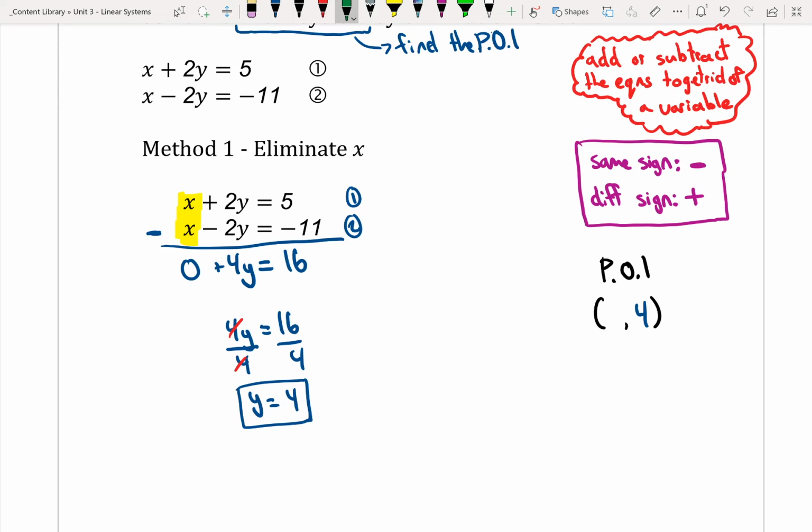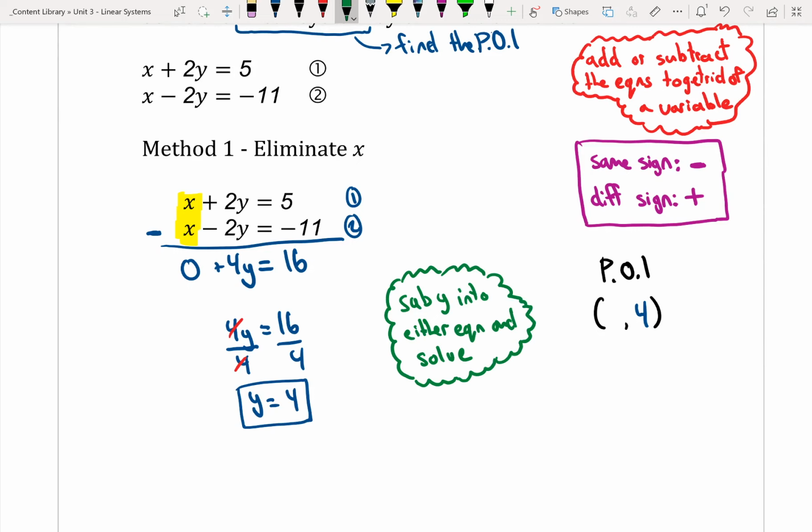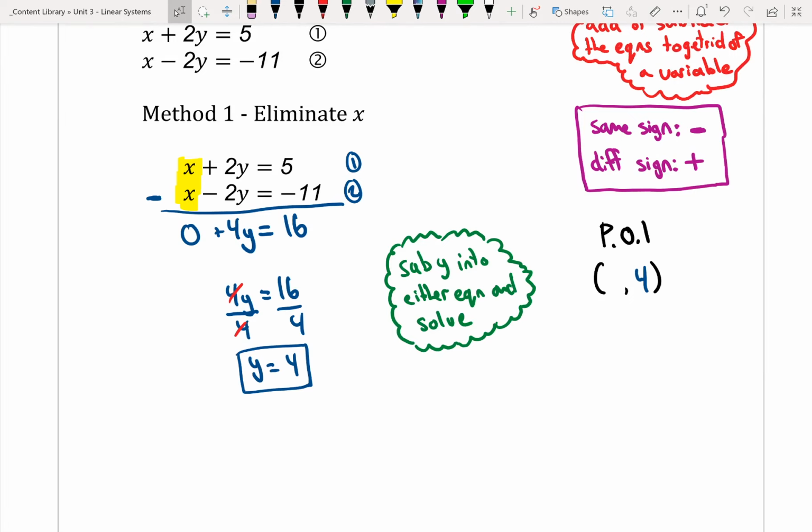Now, to figure out the other value, I need to sub y into equation 1 or 2, so into either equation, and solve. So basically, when we find one value, we sub it back into the equation to help us find the other value. And that's what we're going to do right now.